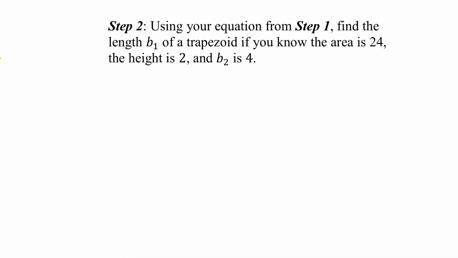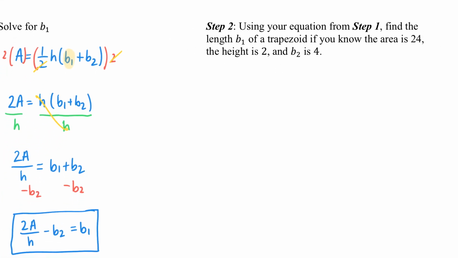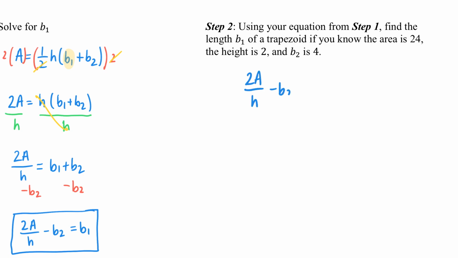Okay, and then the last step here: using your equation from step 1, find the length B1 of a trapezoid, if you know the area is 24, the height is 2, and the second base is 4. So, okay, cool. I know that 2A divided by H minus B2 is B1, and then I'm just going to plug in all of the numbers they gave me.